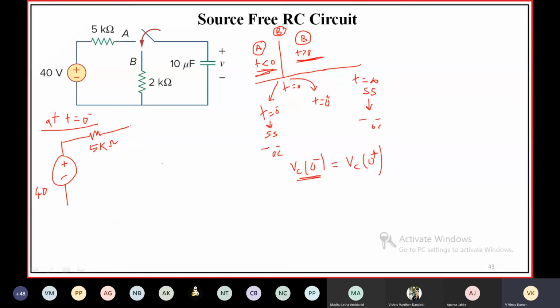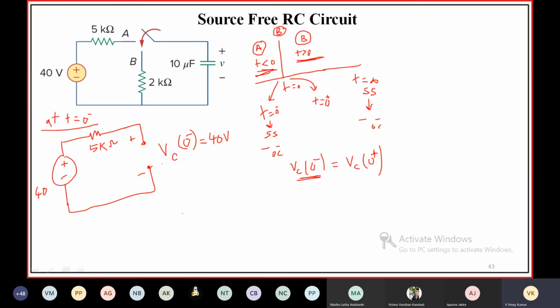Under steady state DC voltage, capacitor acts as open circuit. Means capacitor terminals are replaced by open circuit. Now the voltage between these 2 points is Vc of 0 minus. What will be Vc of 0 minus? Which is nothing but 40 volts only. As it is open circuit, no current flows to this circuit, right? So Vc of 0 minus is equal to 40 volts.